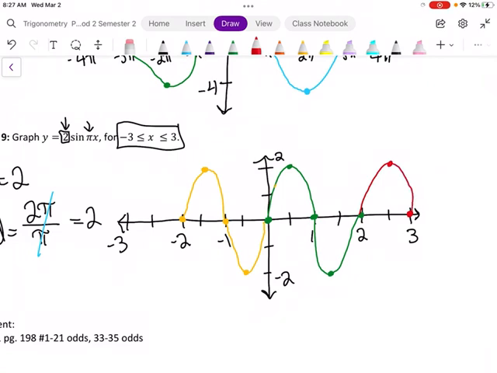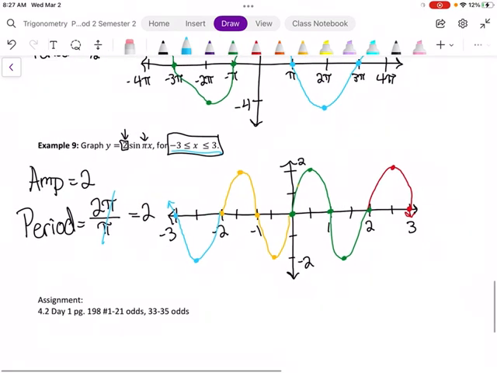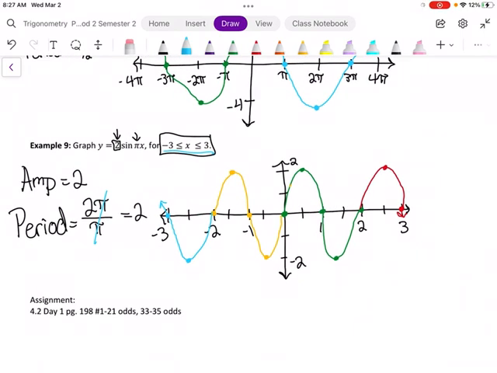So we're not going to draw another complete period, we're just going to draw part of it. And then on the other side, we're going to do the same thing. We go from our maximum to 0, down to the minimum and back up to 0. So we're just extending that graph to fit the domain that they asked for. So that's what our complete graph will look like.